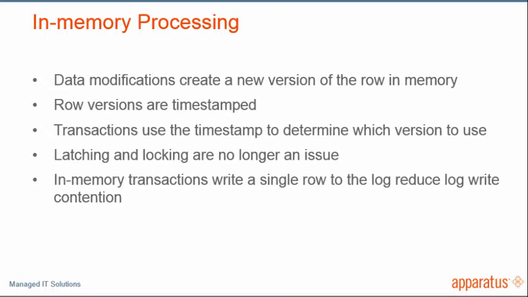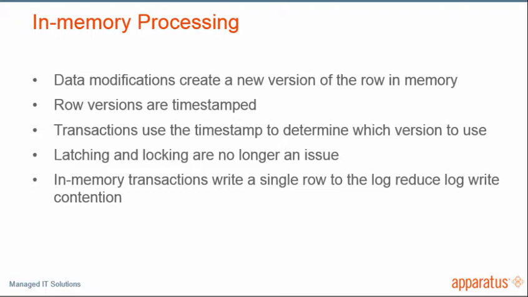So the way that in-memory processing works is the concept of data pages no longer exists with an in-memory table. Basically, the data is read into memory and it resides in memory. And as modifications are made, a new version of the row is created in memory. And the row versions are time-stamped. And as transactions come in to process, each one goes to look for the row.